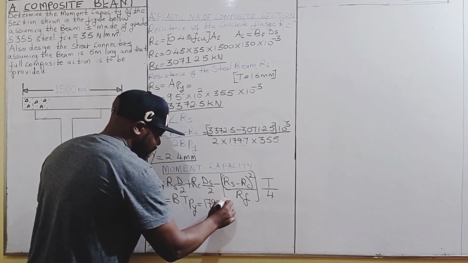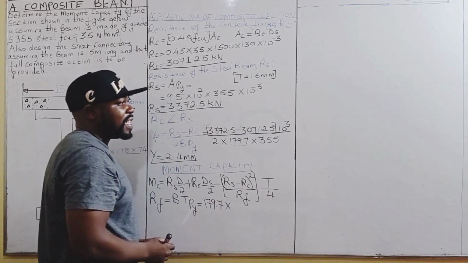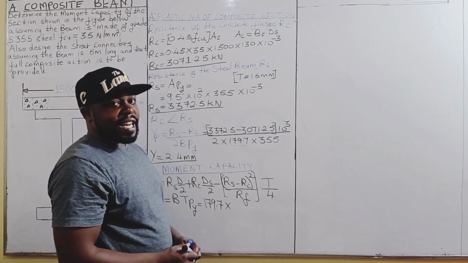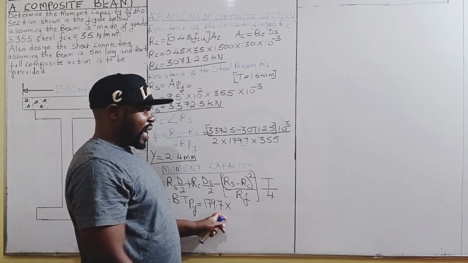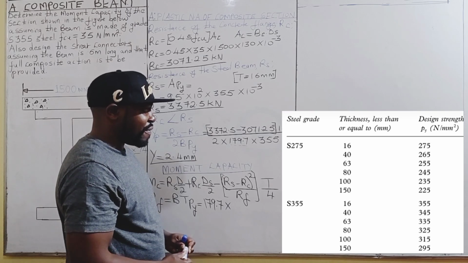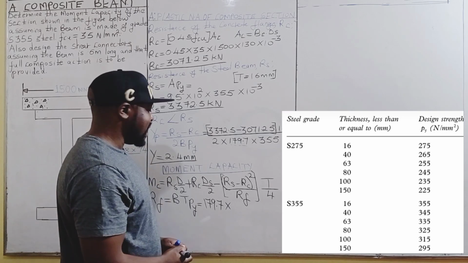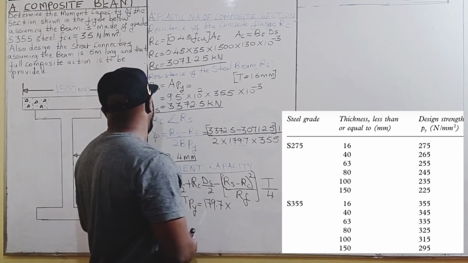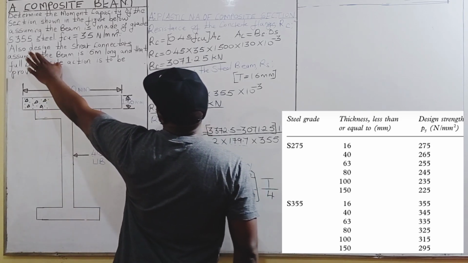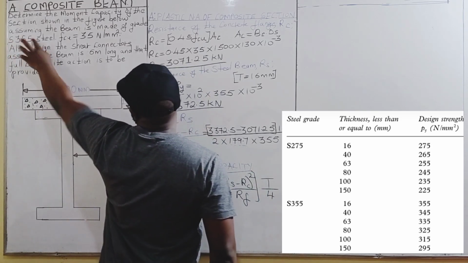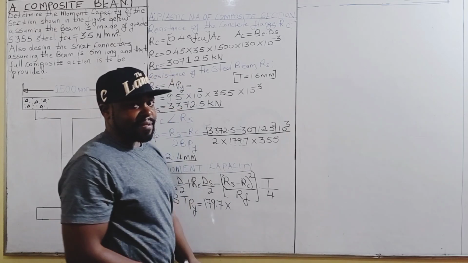We multiply by T, which is the thickness of the flange, and the thickness of this flange from table 4.3 is 16 millimeters, since the section is made of grade S355 steel.